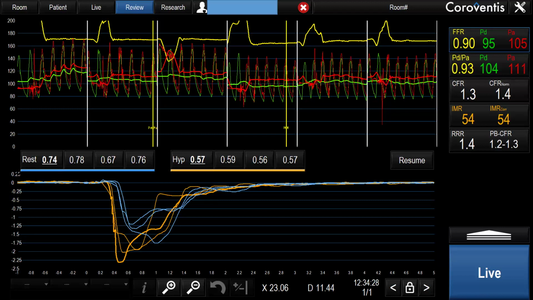After 1-2 minutes, we can assess the hyperemic parameters. And one more time, we give saline into the coronary artery very quickly to get similar results.